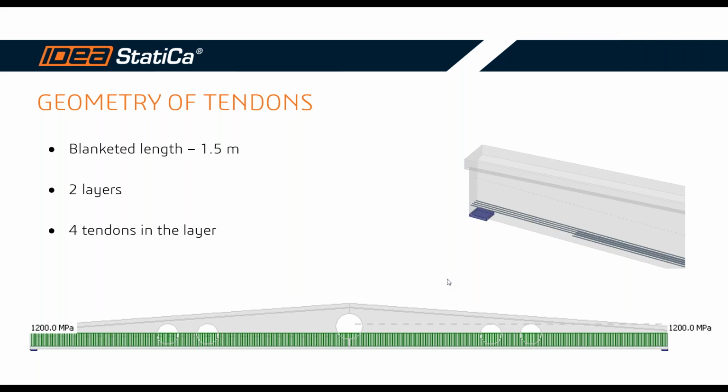Generally, the pre-tension beams have 1 or 2 layers of the pre-tension tendons, and one of the layers has some blanketed length. It means that the stress at this length is not there and is shifted some distance from the beginning and from the end of the beam due to the high bending moment around the support area.